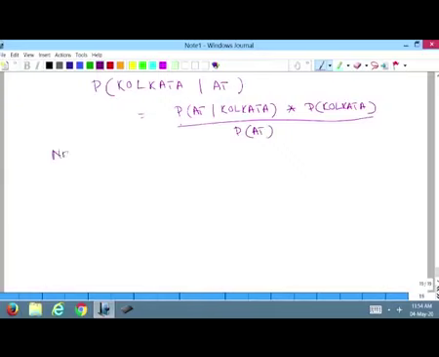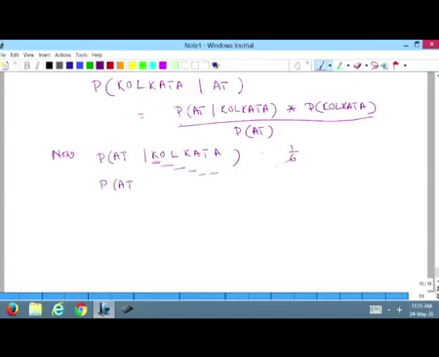Now, probability of AT given Kolkata is equal to, there are 1, 2, 3, 4, 5 and 6 possible pairs of successive letters. Therefore, this probability is 1 by 6.